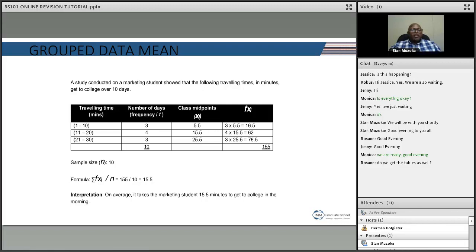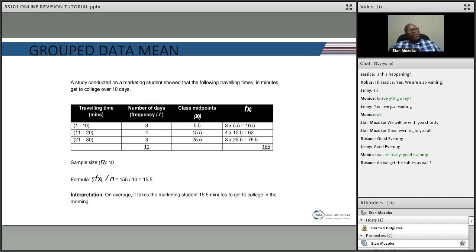Let us now look at the grouped data mean. That is the ungrouped data. When you have grouped the data, you've got traveling time 1 to 10 in 3 of the 10 days, where the student travels to college in between 1 to 10 minutes.